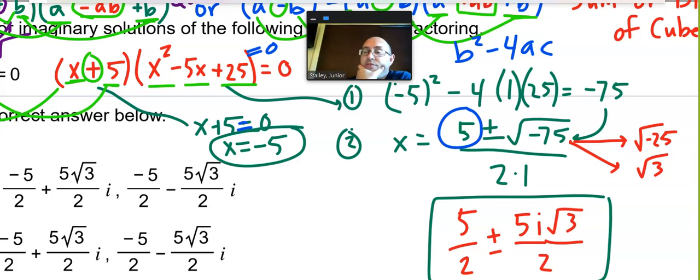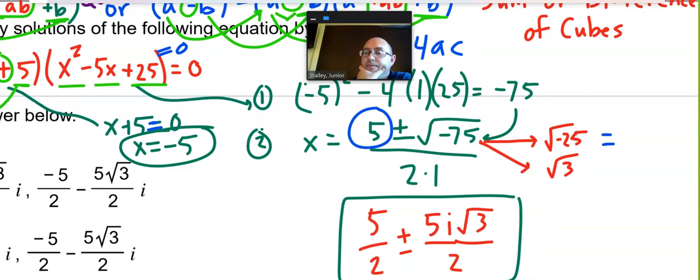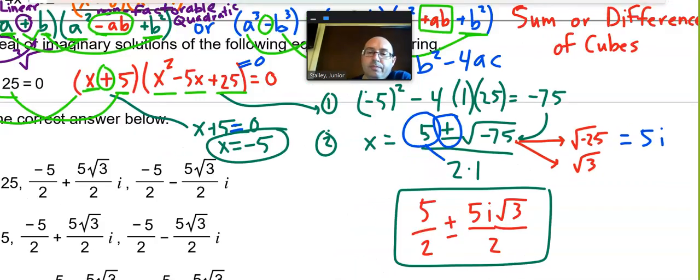Remember that the square root of negative 25 is 5i, because the square root of negative 1 is the i part. So I can rewrite this as 5 over 2 plus or minus 5i radical 3 over 2.